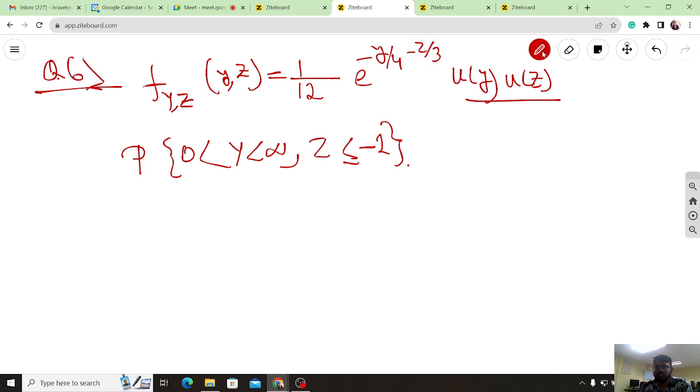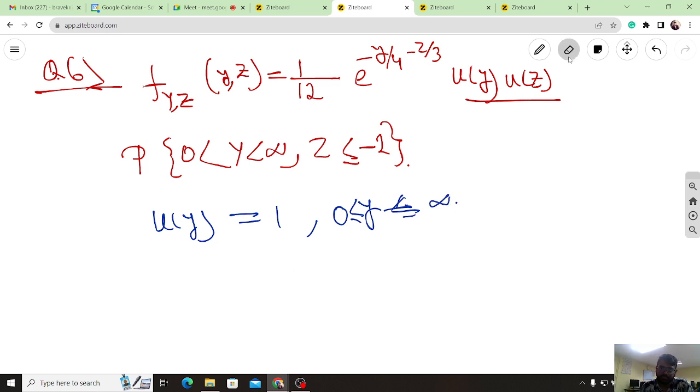So you can see from here that u of y, the function, is 1 for y from 0 to infinite.